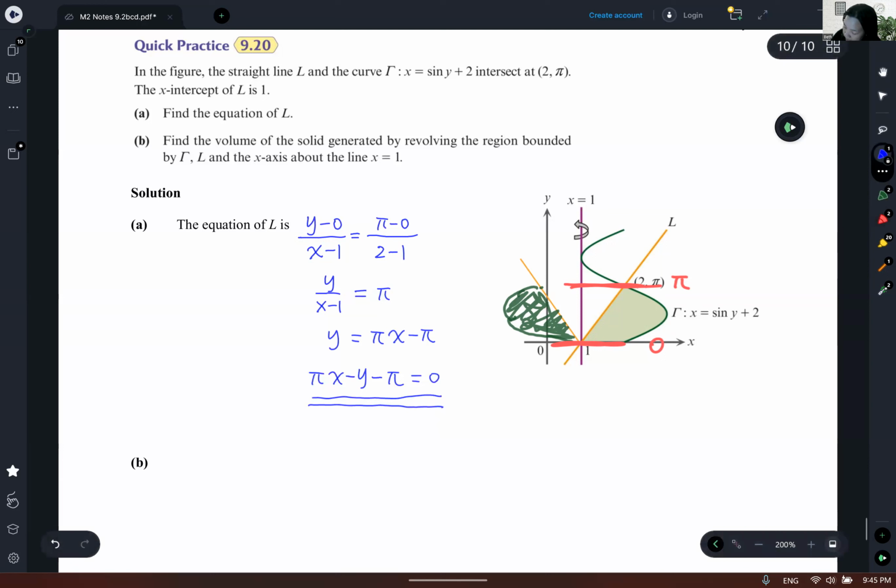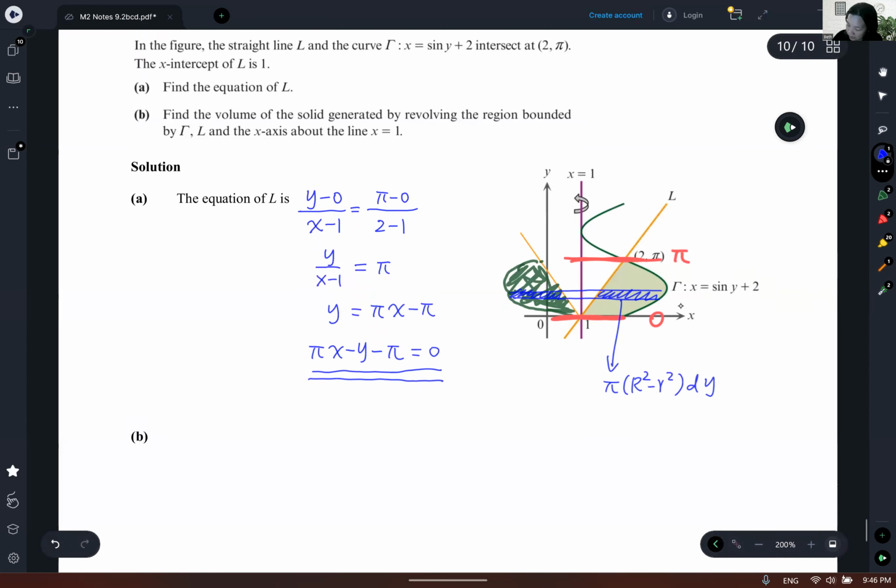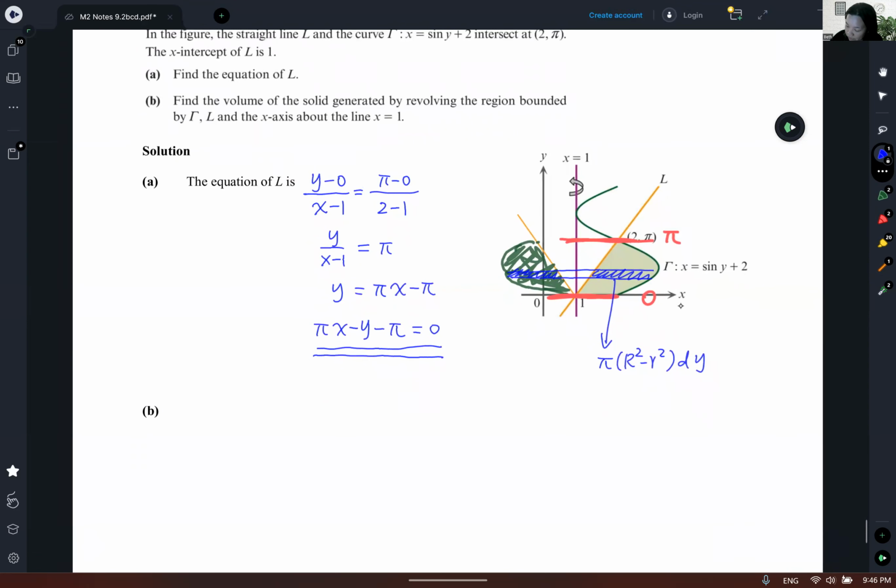Let's do each piece. This piece is π(R squared minus r squared) dy. And the bigger R is from green to purple, the small r is from orange to purple. So I think I still need the orange line.